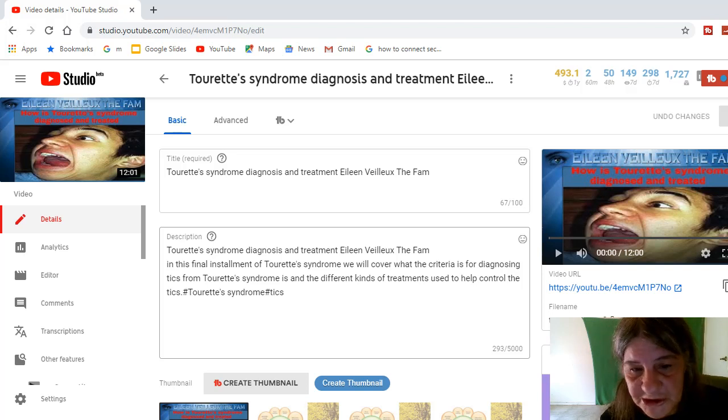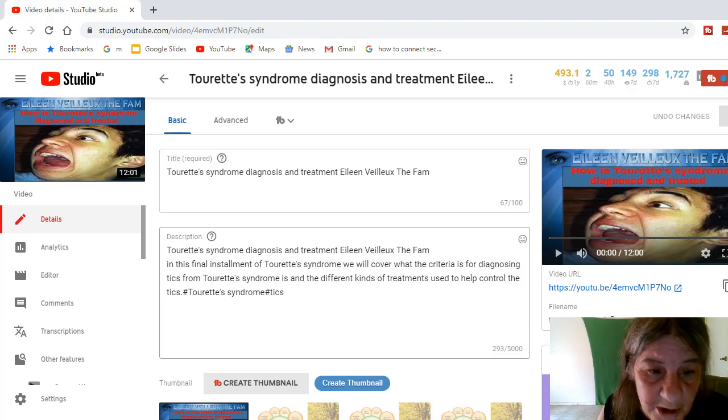Those are called tics, and that's what I'm talking about. And that is a common symptom of Tourette's, is body tics, movement tics, speech tics, things like that. So I put for my two top keywords, Tourette's syndrome and tics.